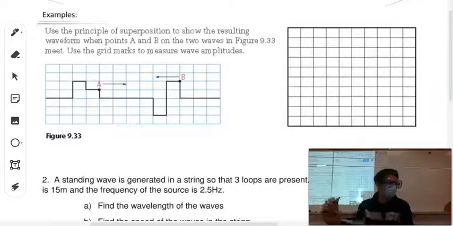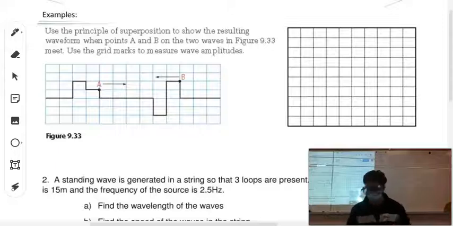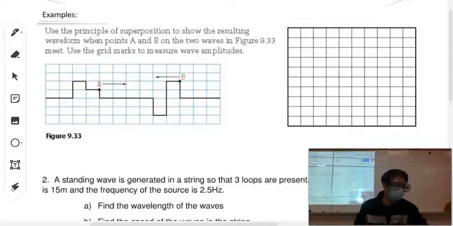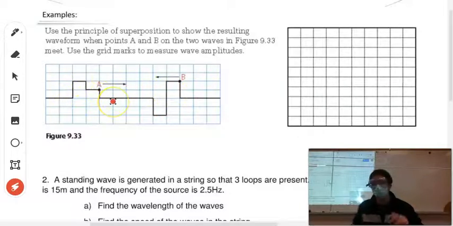So let's go over this example. This is just testing our knowledge of the principle of superposition. Here we have 2 waves. This one, the square wave, and this one. And they are going to move towards each other at the same speed, and eventually they will meet.